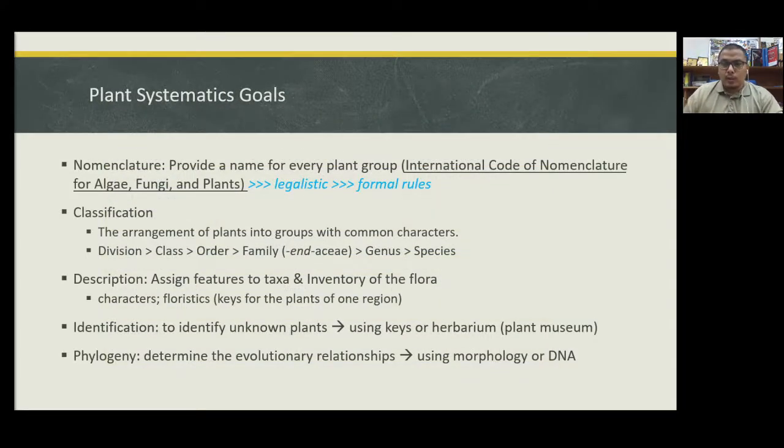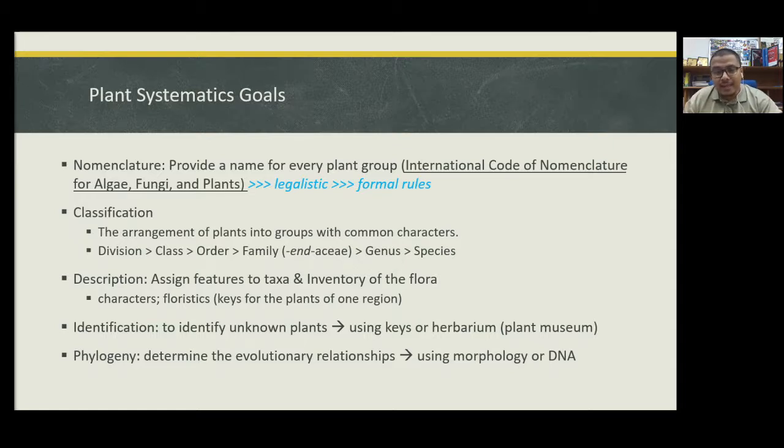So let's look at some of the goals of plant systematics. One of the most important goals, and one we are going to spend a lot of time on, is nomenclature. We want to provide a name for every group of plants.